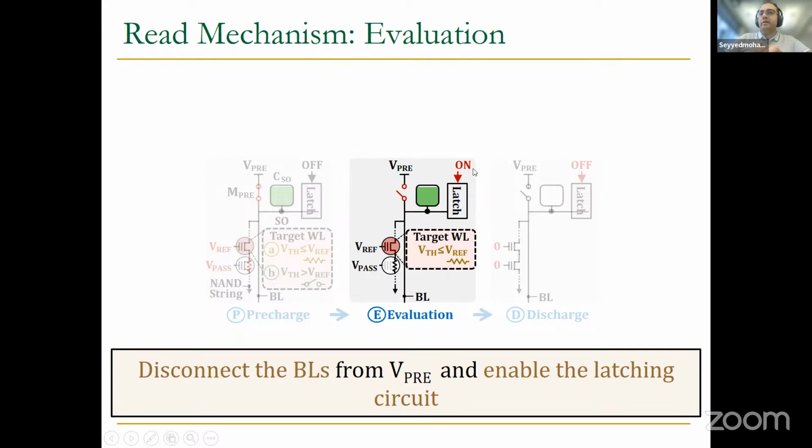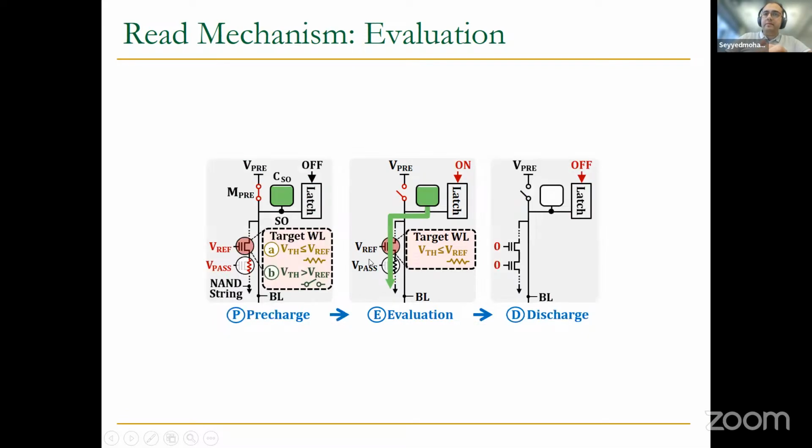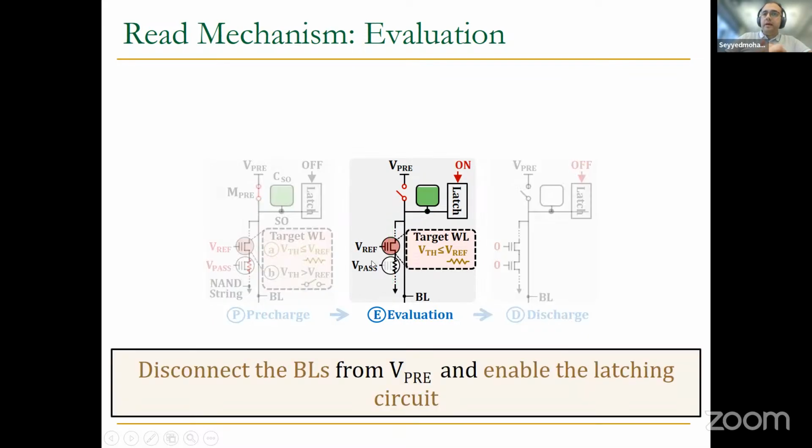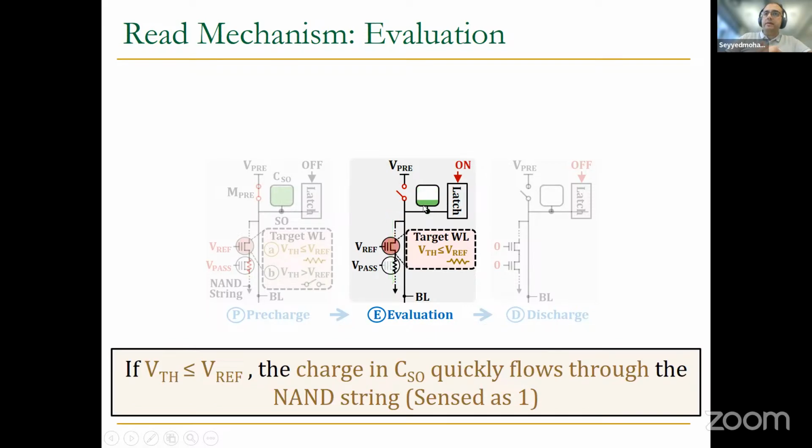We will see how we turn it on later. Then, by applying this reference voltage, if this transistor is on, which means that we didn't program this flash cell, the current is going to flow and this capacitor will be discharged.